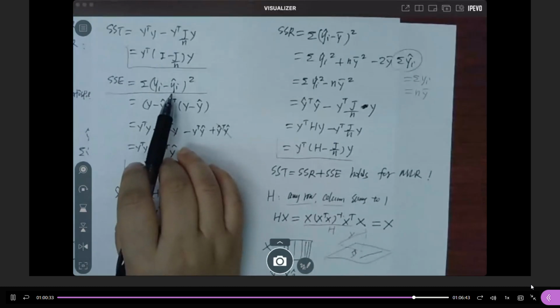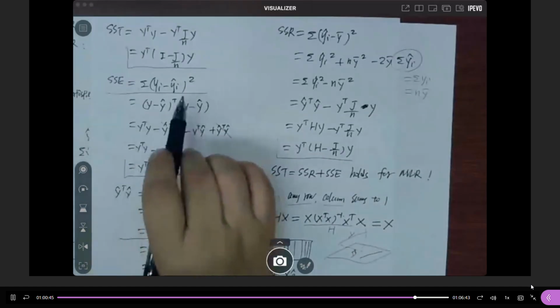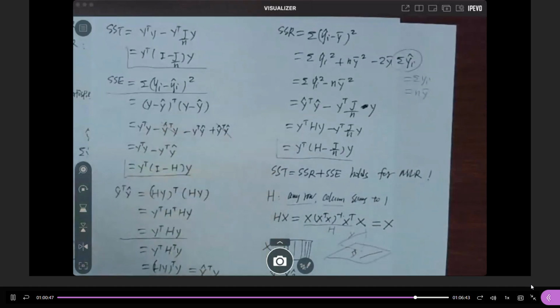How many constraints did you use in order to calculate yi hat? Y hat is a combination of beta 0 hat, beta 1 hat, all the way to beta p hat. How many constraints are there when you calculate y hat?